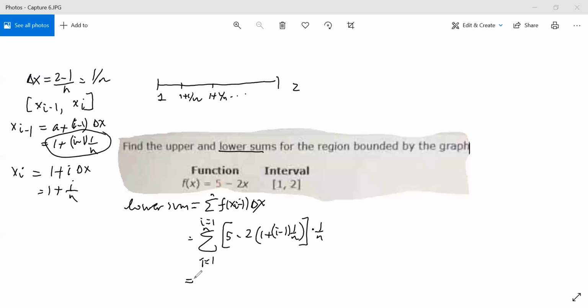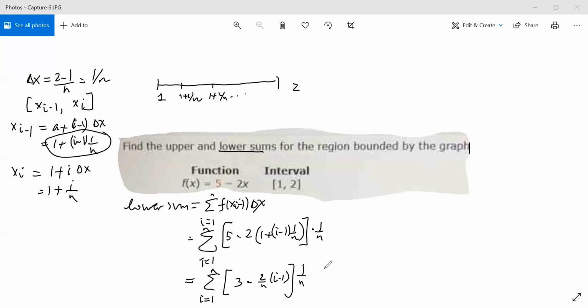So if you simplify this, this is just going to be 3, because 5 minus 2, and then minus 2 over n times (i minus 1) times 1 over n.